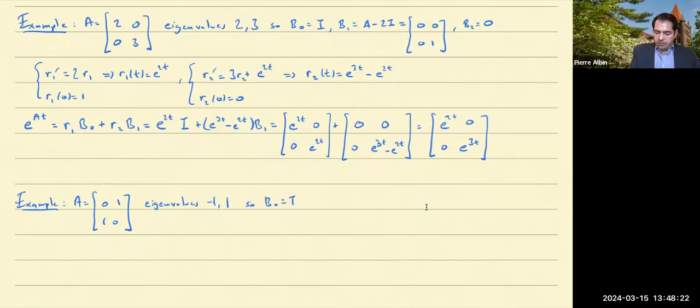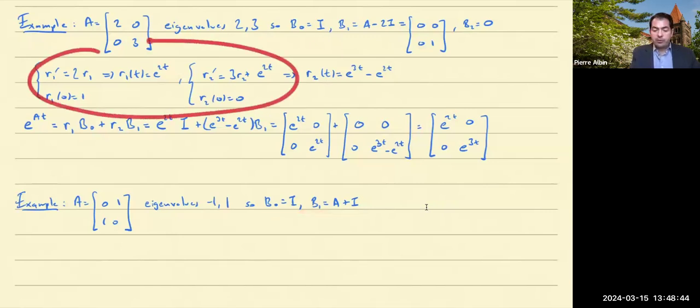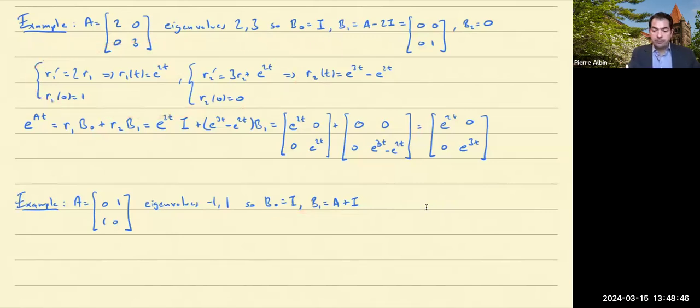So that means that B0 is the identity and B1 is A plus I. Notice that you don't have to put the eigenvalues in increasing order, as I like to do. This algorithm will work just fine with the eigenvalues in whatever order you like, as long as you make use of that order, both when you're finding the B matrices and when you're finding the coefficient functions R.